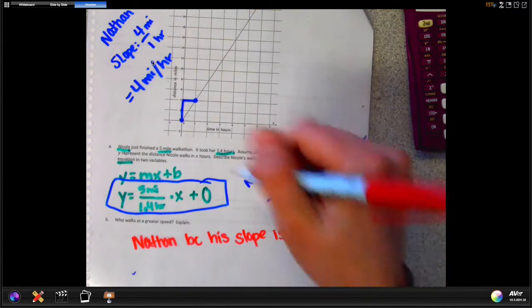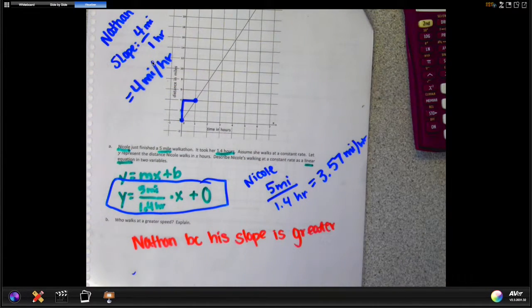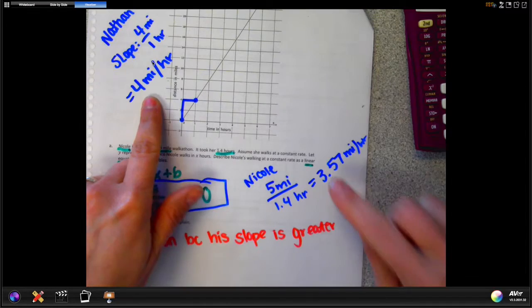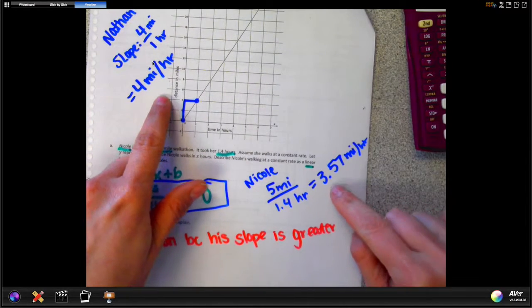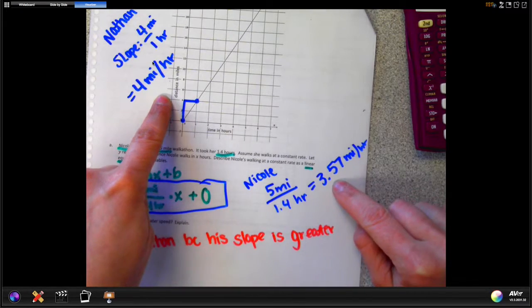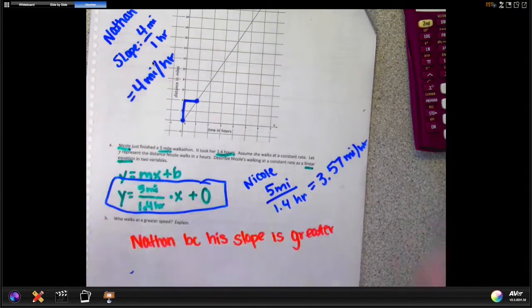It's all based on finding the slope or rate of change of two separate things and then comparing them to see which one is larger or which one is faster. And it helps you to be able to divide the slope out if you have a rise over a run. Sometimes it's a little more obvious when you divide it out and you can see, okay, well, this one's bigger than the other one.